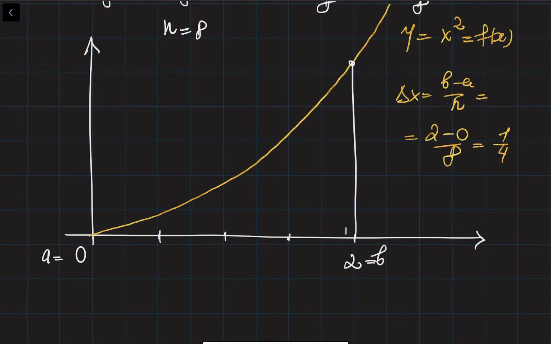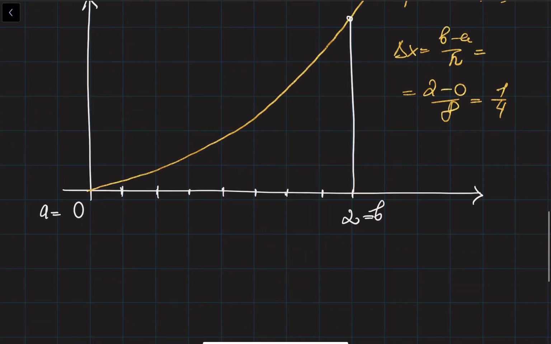So here it's 0.25, here is 0.5, here is 3 over 4, here we have 1, 1.25, 1.5, and 1.75.